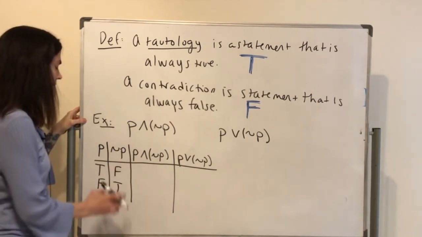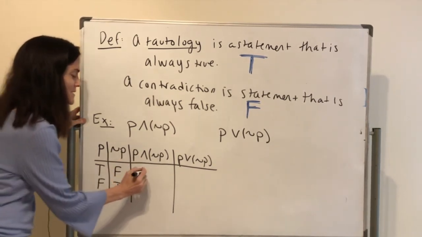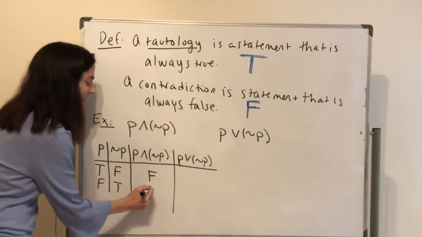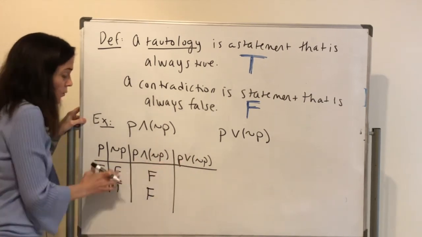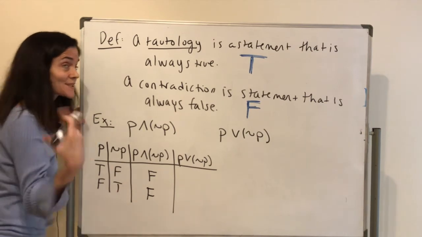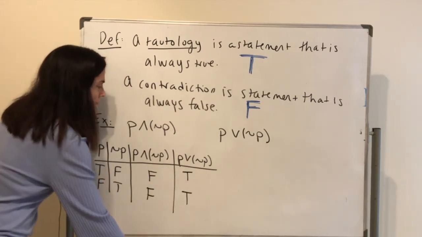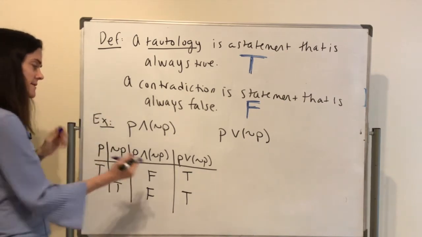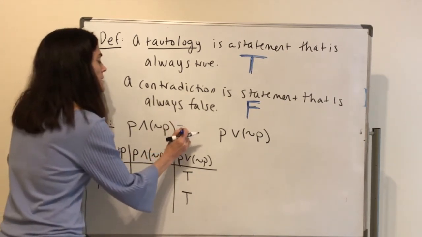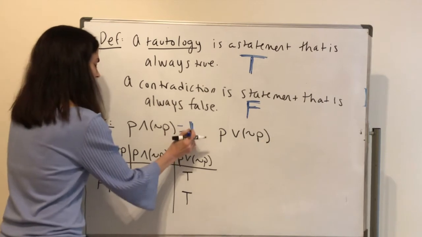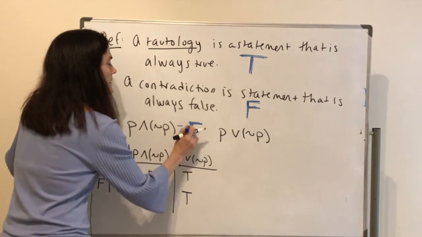Now, we have an and. Look, the and is false and false. Now we have an or. Look, the or is true and true. So this truth table justifies this one. This is logically equivalent to this here.